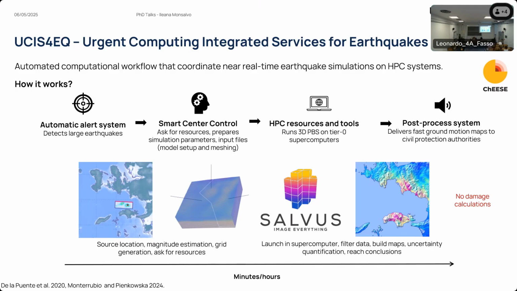One thing that I want to say about this system is that it ends in the ground shaking assessment. It doesn't provide, for example, estimations of how many buildings were damaged or how many casualties are expected. It ends only on how much the ground moved.